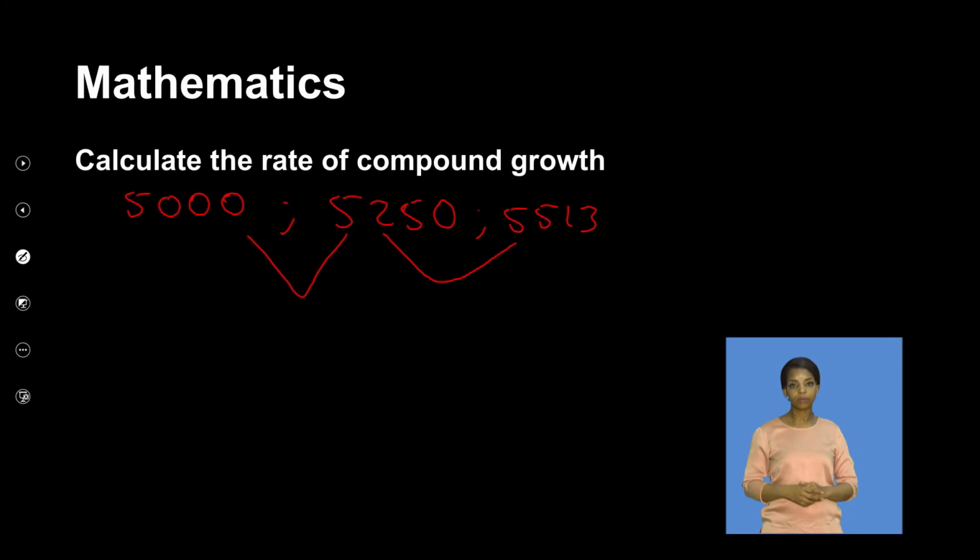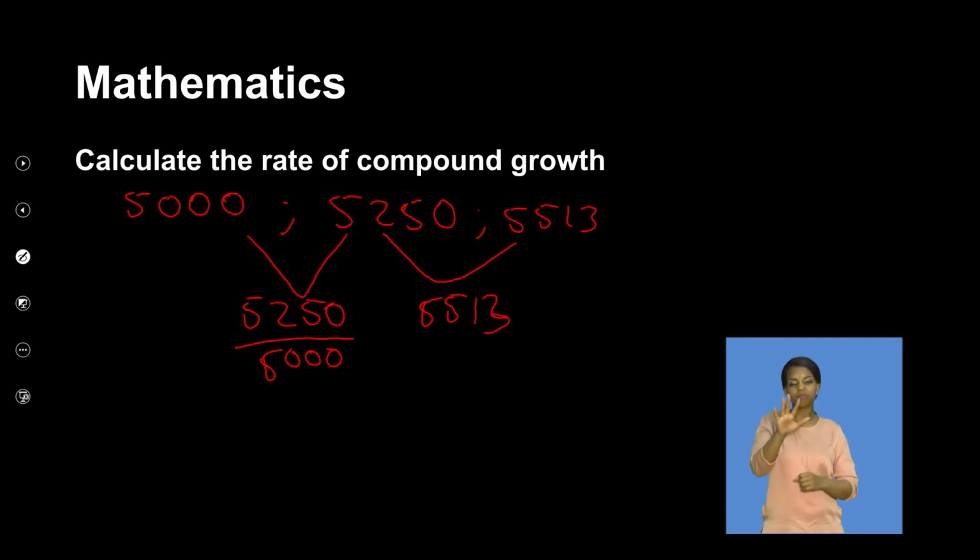But this is just us still trying to explore this. So this will be 5,250, and then you divide this by the 5,000 there. The answer you get here must roughly be the same as the answer you get if you divide these last two numbers that I have here. So if I divide those two and I divide those two, I must roughly get the very same value.